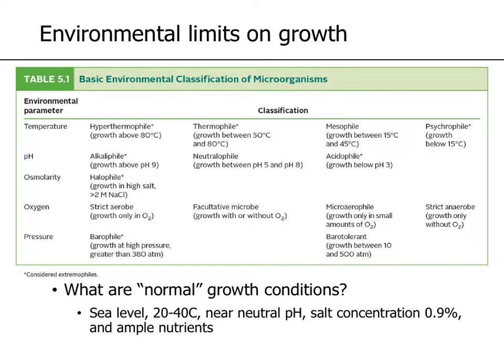This is actually a relatively low salt concentration. And then we're assuming in these cases that the cells have ample nutrients, okay? Anything outside of this will be considered an extremophile, and you can see some of the names here, but based on the different categories, they have different extremophile names.